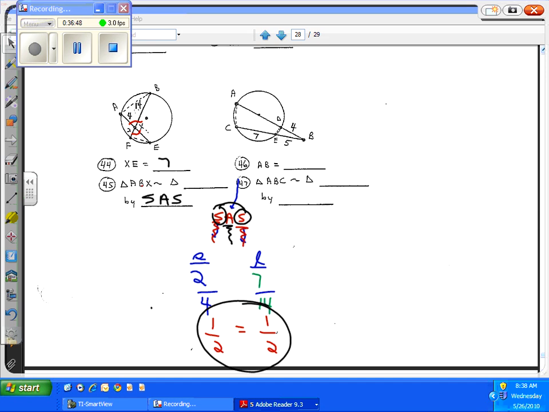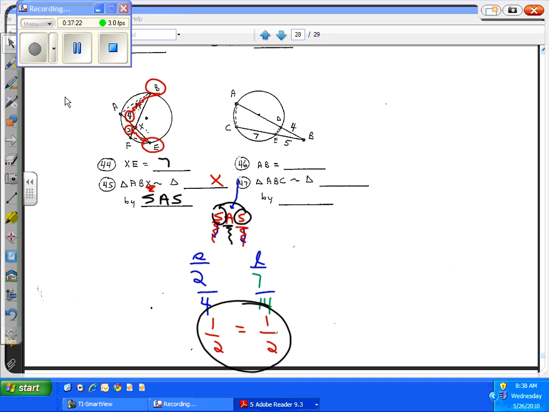We need to name the similarity. The most obvious is the vertical angles. So X was last, so this X is last because they were vertical. We want to do the most obvious first. After that, we have to look opposite the small and opposite the large.